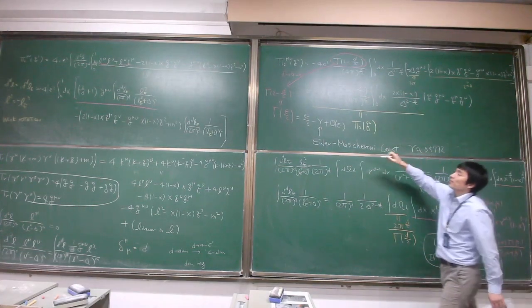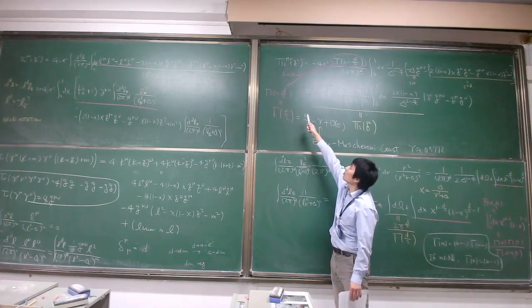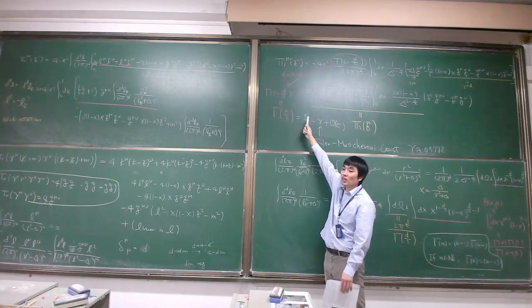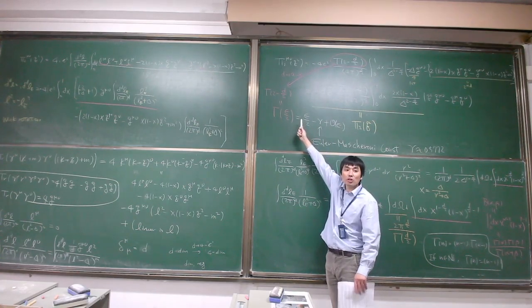So now infinity really appears when you take d equals 4 minus epsilon. This is the prescription of dimensional regularization, and the infinity will show up here.